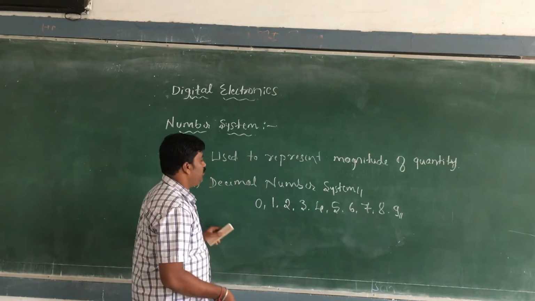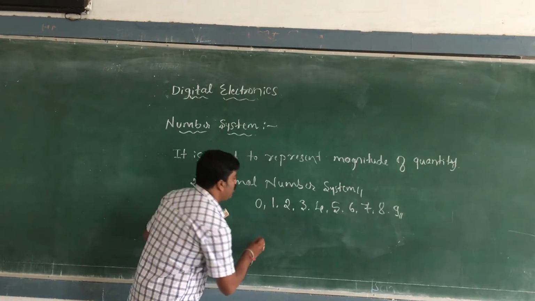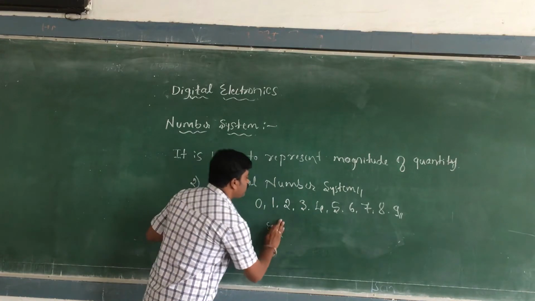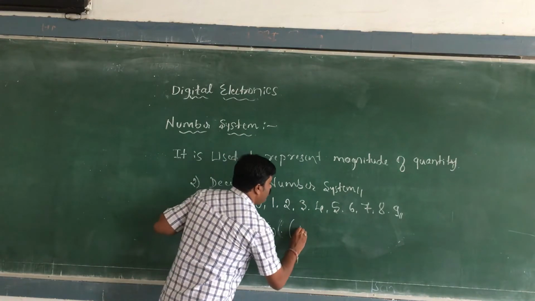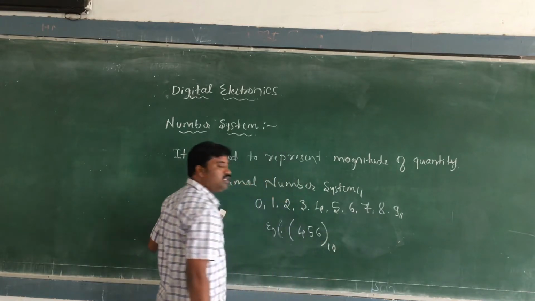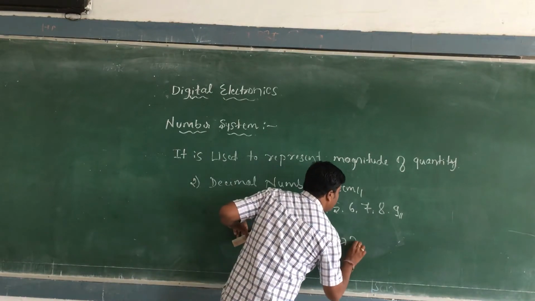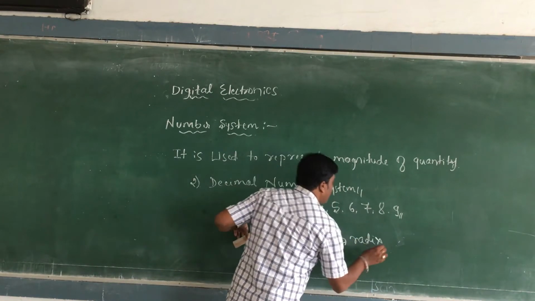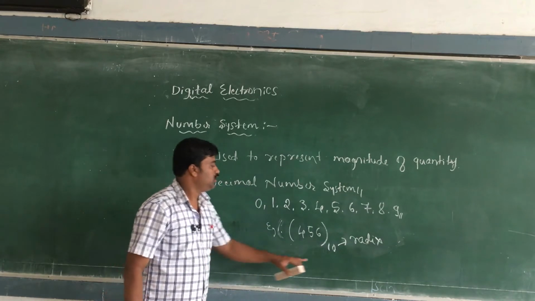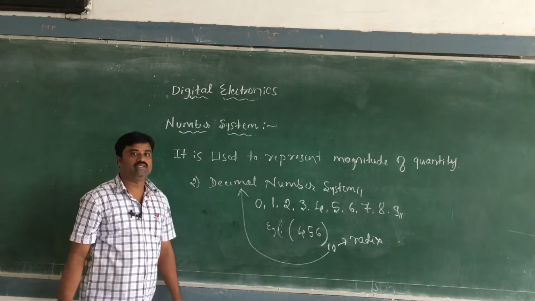For example, for a decimal number system, the example is 456, base value is 10. Base or radix value is 10. This 10 represents the decimal number system.